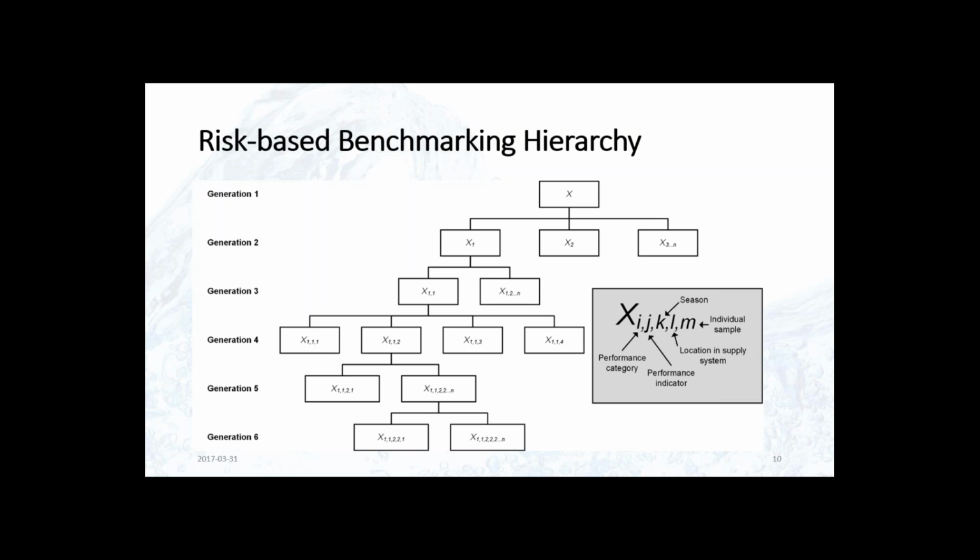So that's looking at the winter risk of turbidity in the middle of a supply system. And then finally, Generation 6 is the individual sample in a given season of an individual indicator at a given point in the distribution network. So this is basically the input to the rest of the hierarchy.